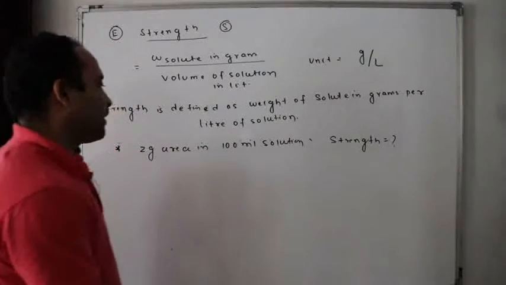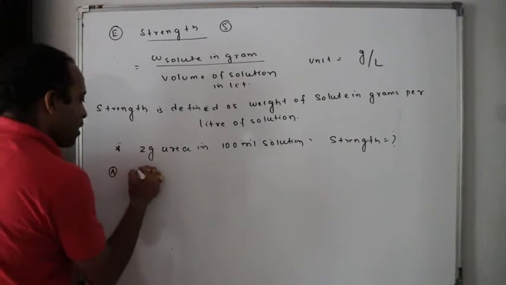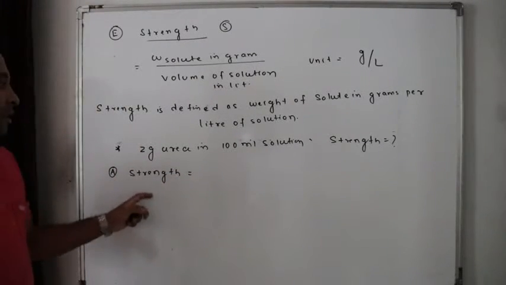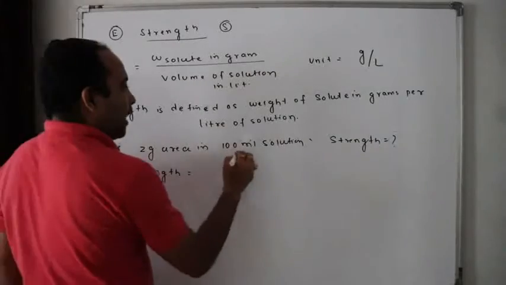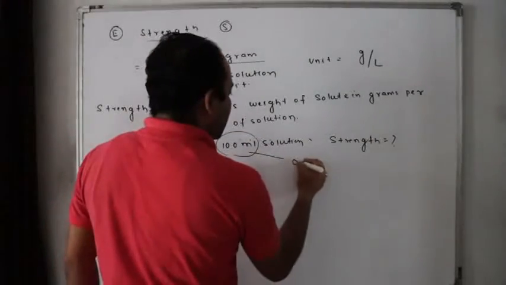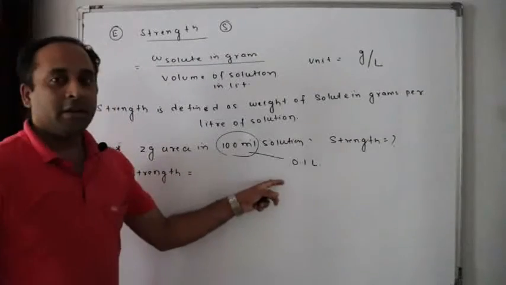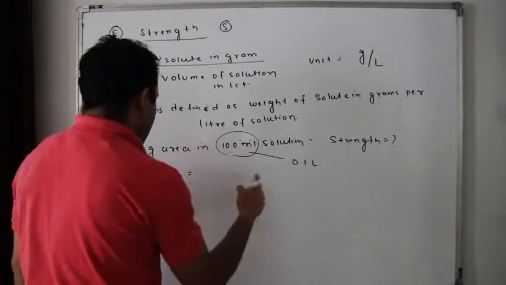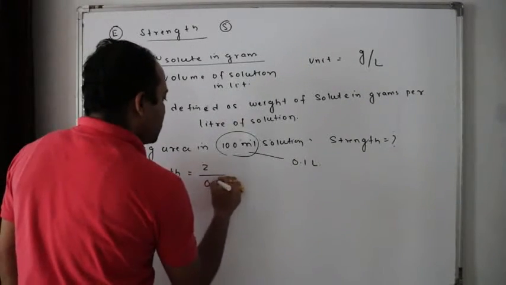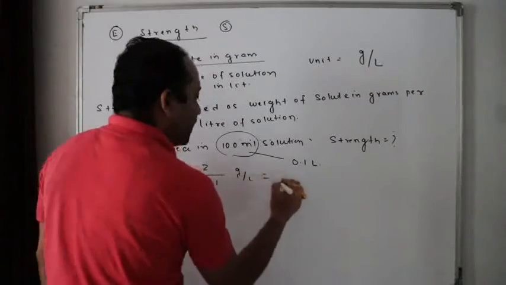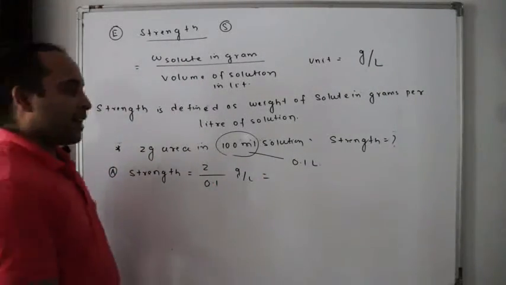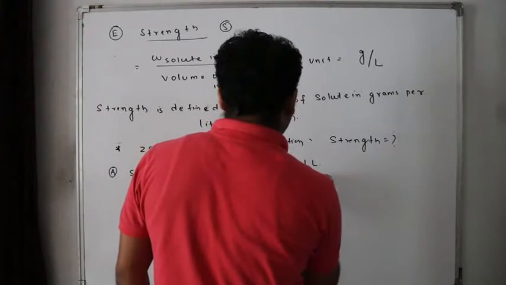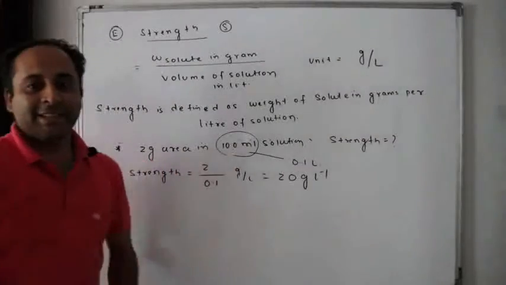Now answer. 100 ml is how many liter, you have to convert. Is it 0.1 liter? Say yes or no? Volume is 0.1 liter. Strength is 2 by 0.1 gram per liter. Or can I write like this, 20 gram per liter? Isn't it?